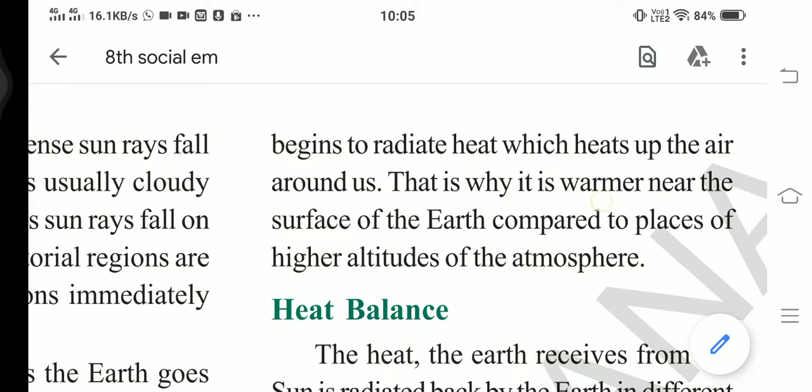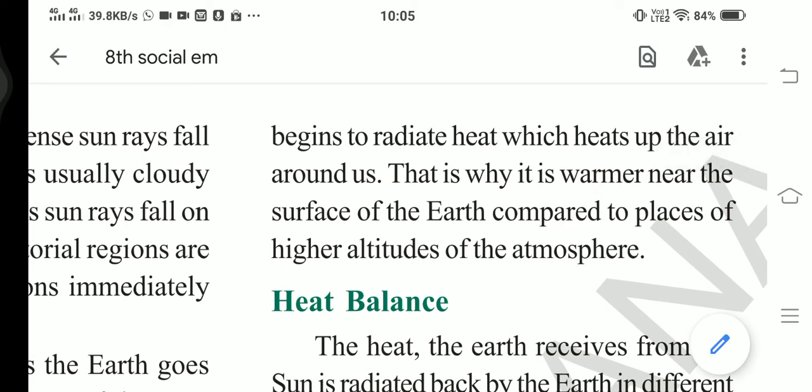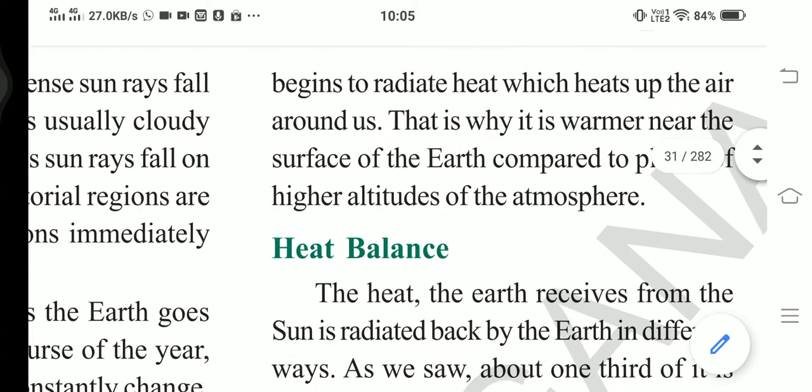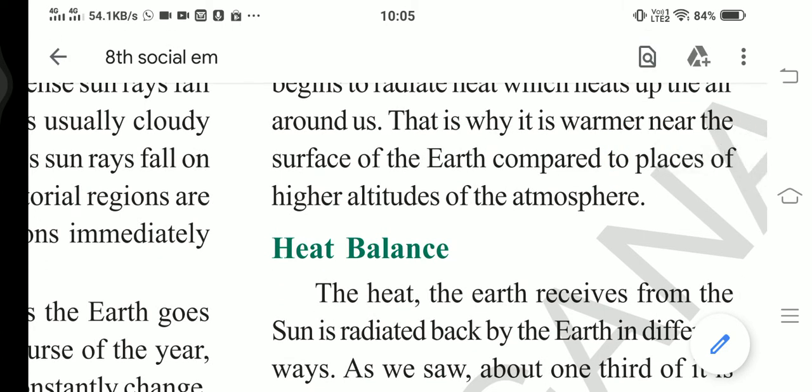Energy is received in light and heat, that is the second point. And the energy received by the earth is different at different places. The energy radiated by the sun is called solar radiation.